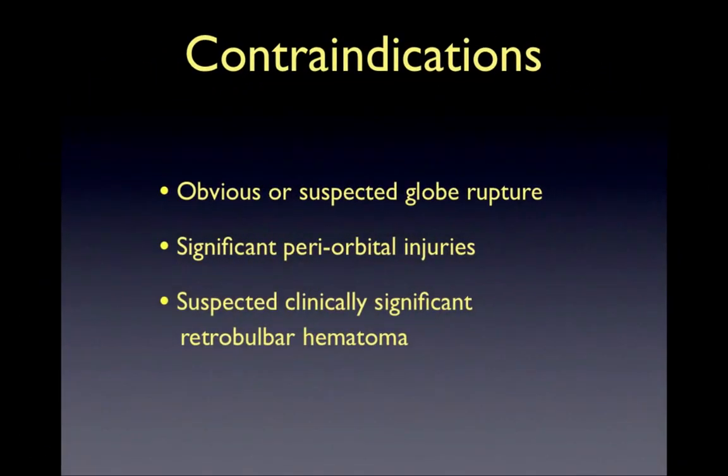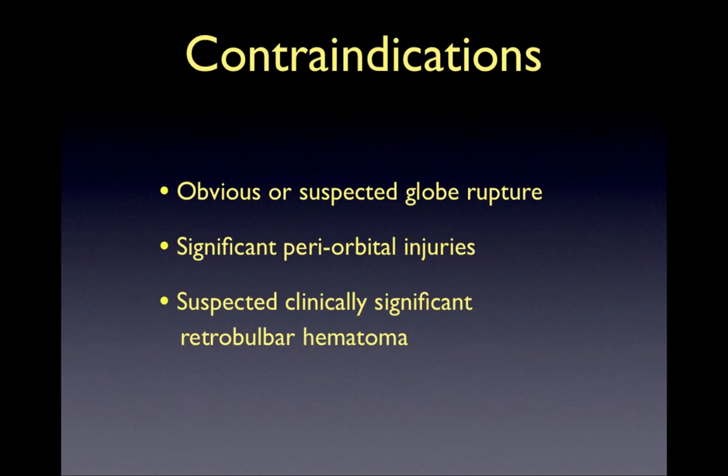First, some contraindications to performing ocular ultrasound. First, if there's any obvious or suspected globe rupture. In these kinds of cases, you don't want to perform ocular ultrasound because you don't want to apply additional pressure to the potentially ruptured globe and cause more damage.